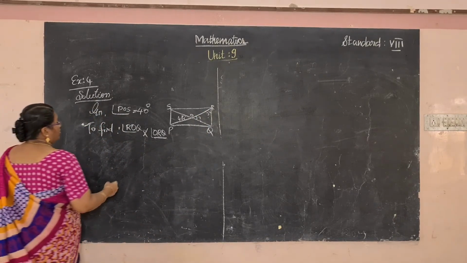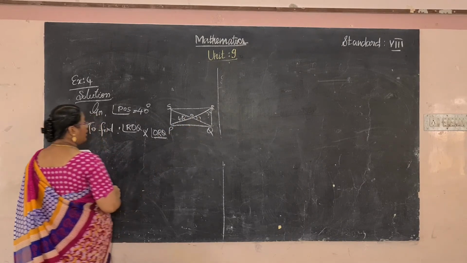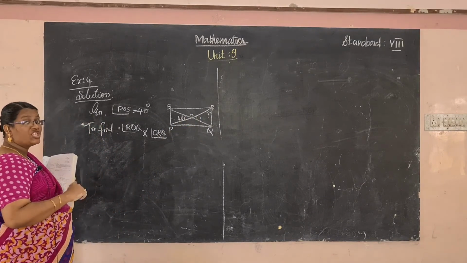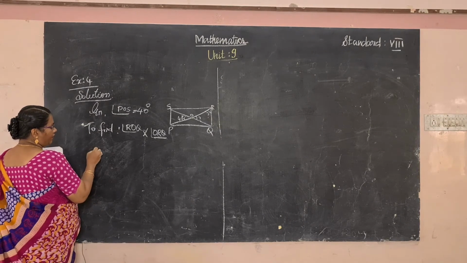Okay. So first we have to find out this value. How can you find it? Vertically opposite angles are equal.